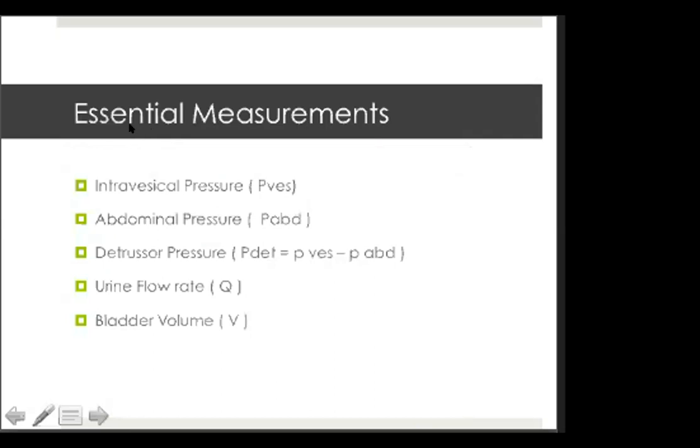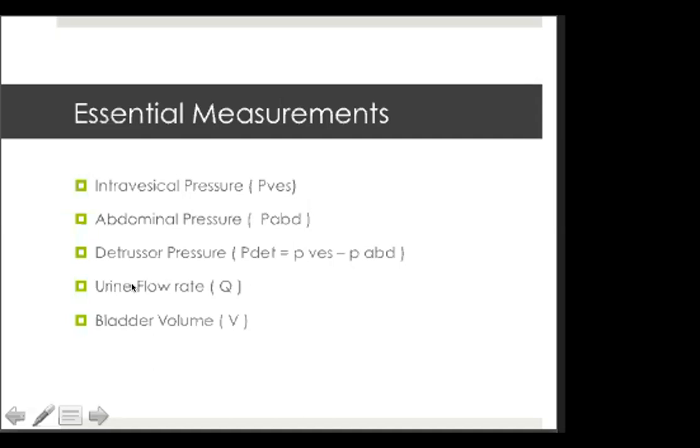For the essential measurements: intravesical pressure, the PVES; abdominal pressure, the PAB; and then the detrusor pressure, which is equivalent to PVES minus the PAB.